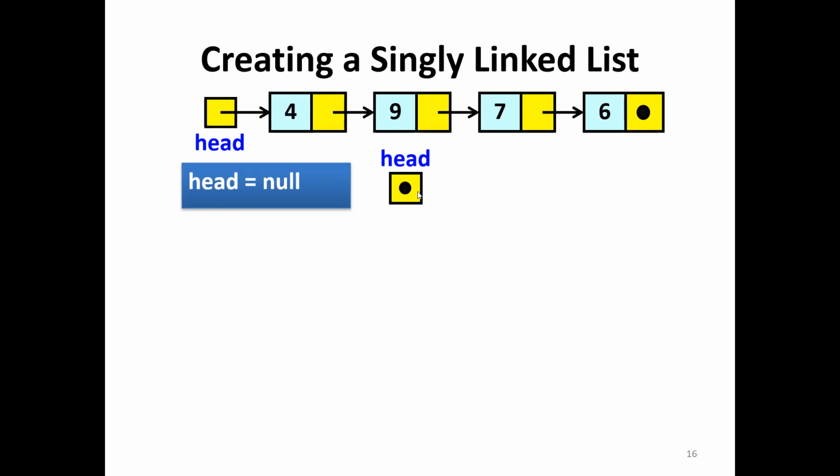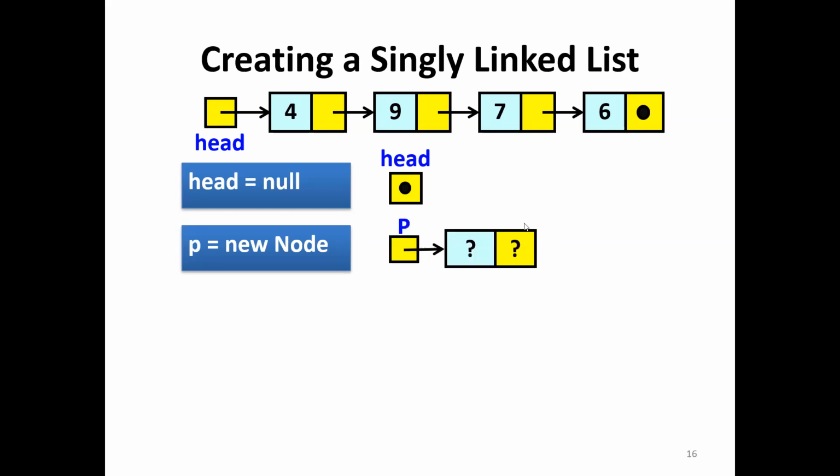So from scratch, we are creating a singly linked list. Assuming we want to start creating from here, the first element we're going to have will be 6. But before we enter the element, we need to create the node. So how do we create a node? We can create a new node by saying new node is equal to P. What it means is that this new node we have created has no data and it has no link.